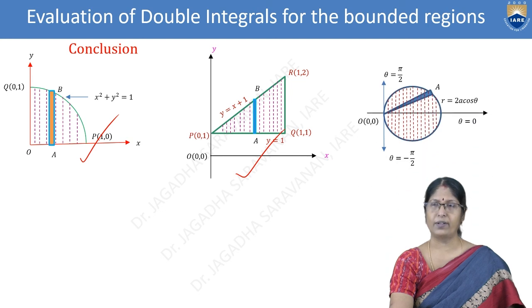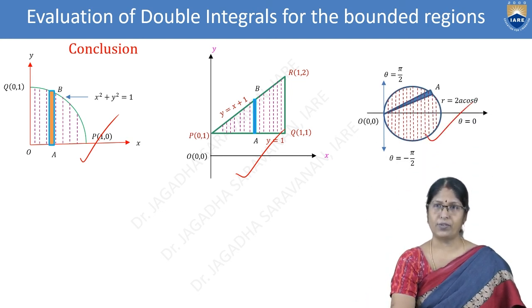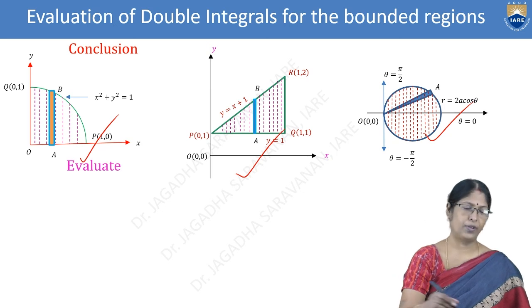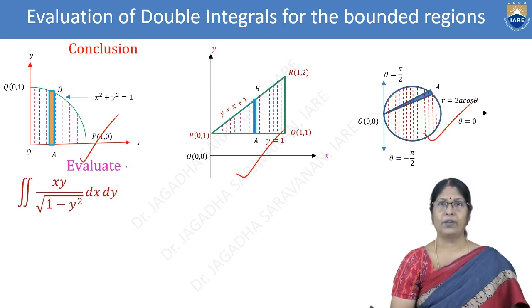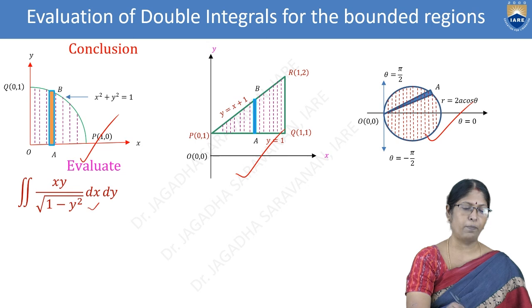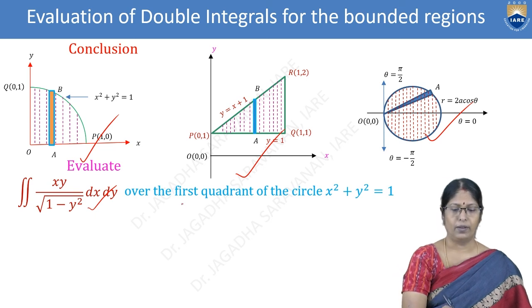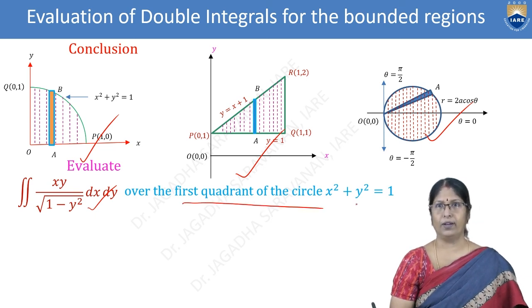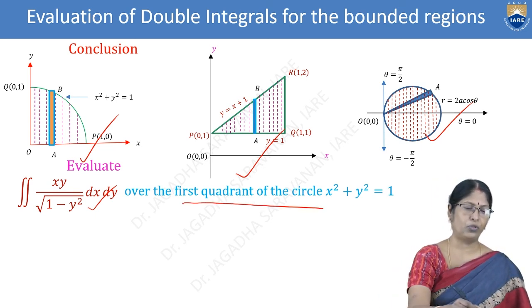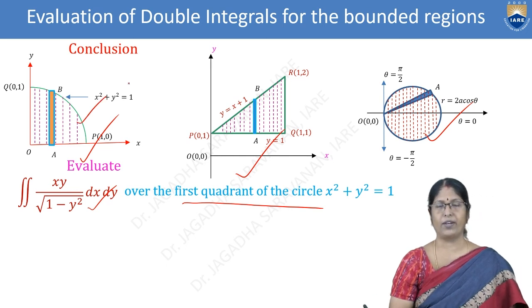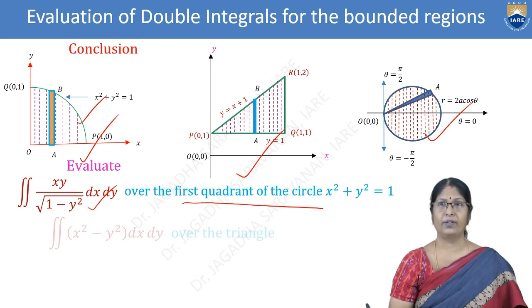The third one was the circle: the double integral of xy by square root of 1 minus y square dx dy, over the first quadrant of the circle, only one fourth of the circle, which we evaluated.